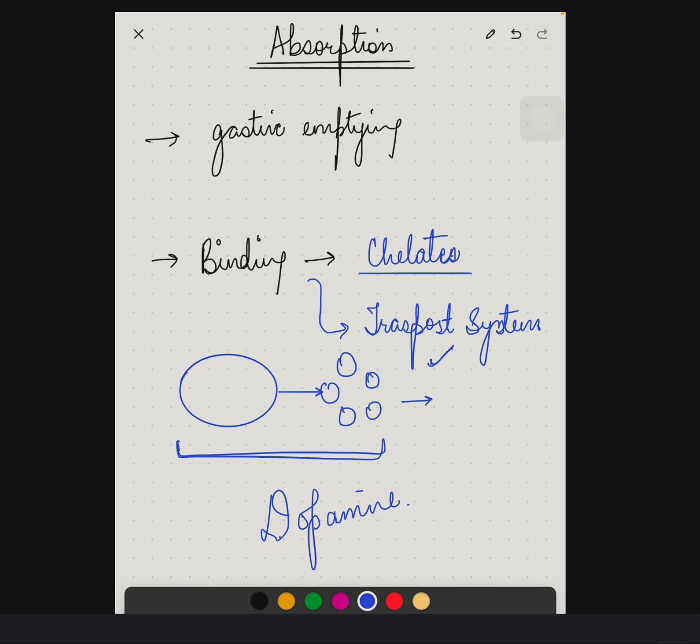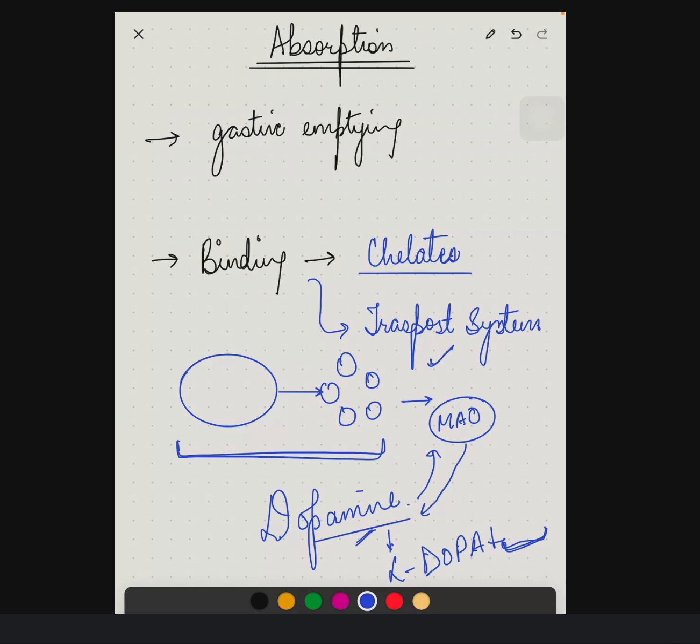But if we give dopamine directly to the patient orally, then the MAO enzymes that eat up the dopamine, present in liver, lung, and other organs, are going to destroy this. So a substitute is given, that is L-DOPA, which is the precursor of dopamine, with a transport system.